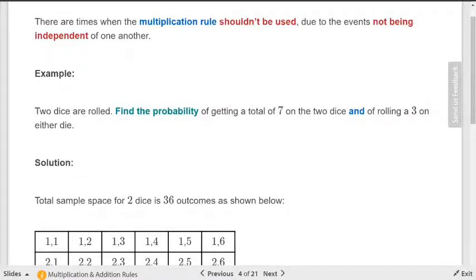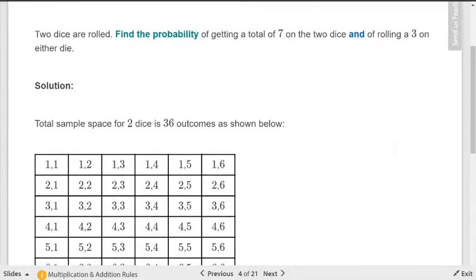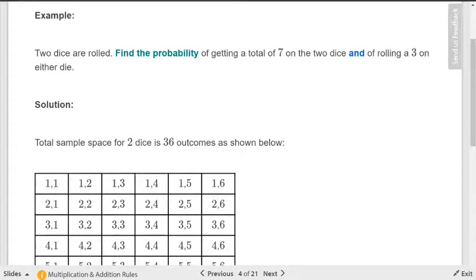And a lot of it has to do with the way things are worded. So this is where probability becomes a little troublesome for most students. Finding a basic probability is not usually difficult. Multiplying two probabilities together is not difficult. Knowing when you can, however, throws a wrinkle in.